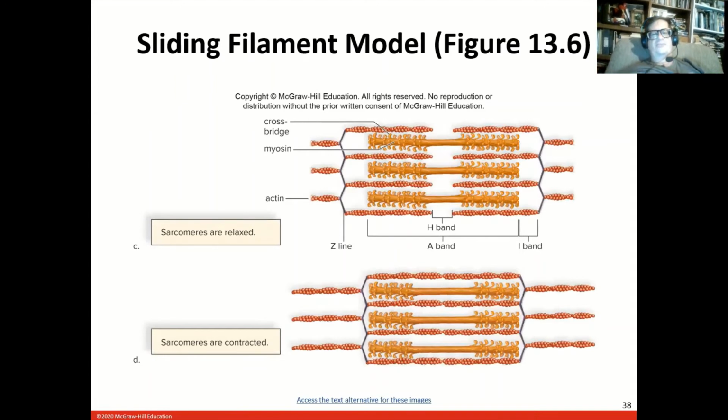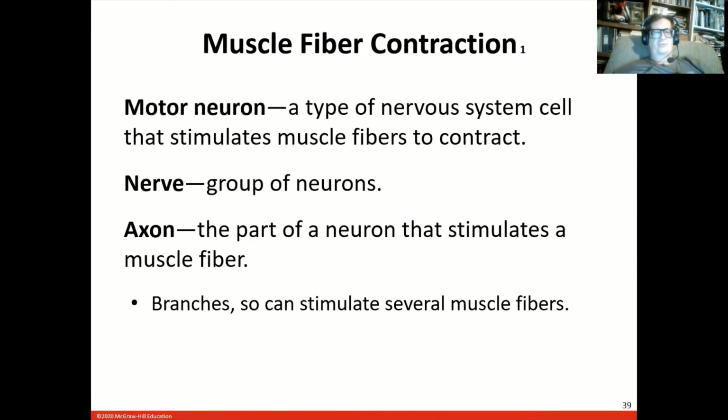So there's this picture that we keep coming back to. Now let's talk about the contraction. You have a motor neuron. This is a neuron, comes from the nervous system, that tells the muscle, oh, you need to contract now. A nerve is a group of neurons. The axon is like a long electrical cord.